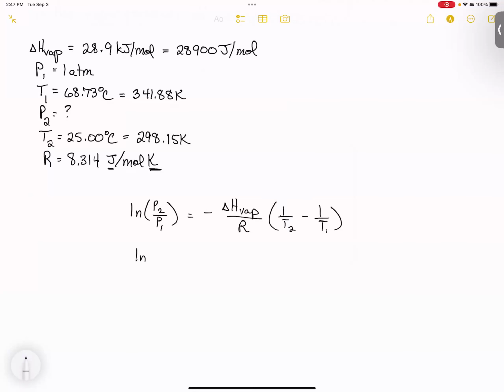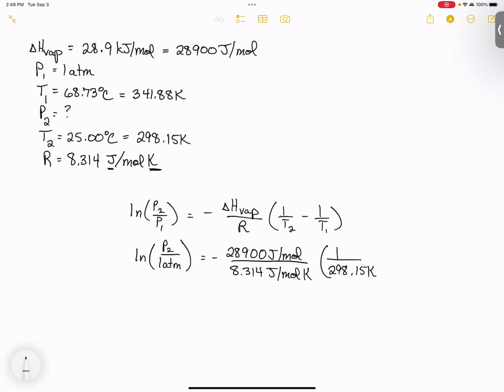Plugging in what we know, we have the natural log of P2 over 1 atmosphere equal to the negative of 28,900 joules per mole divided by 8.314 joules per mole Kelvin, times 1 over T2, which is 298.15 Kelvin, minus 1 over T1, which is 341.88 Kelvin.